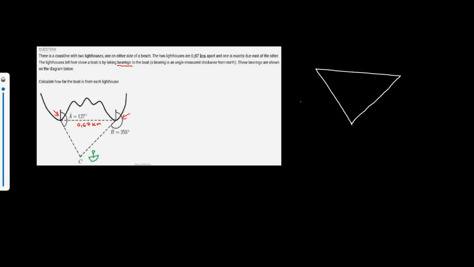We have triangle ABC, and we know the length from one lighthouse A to the other lighthouse is 0.67 kilometers. The thing is, we need to find these interior angles. You agree? We need to know what is angle A, and what is this angle here. Yeah, let's get this right.